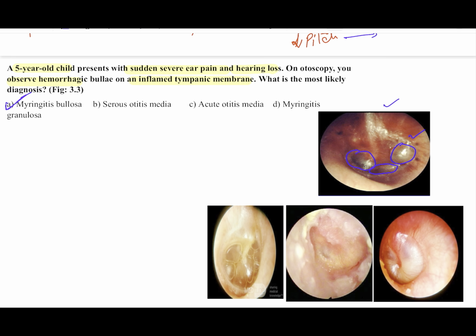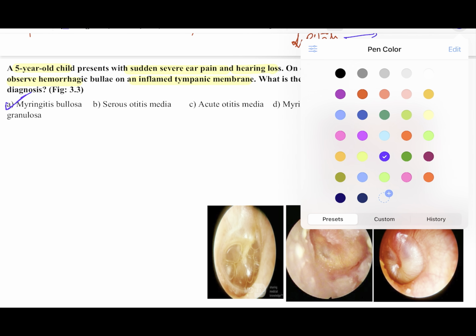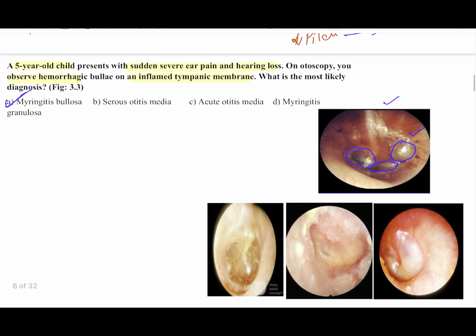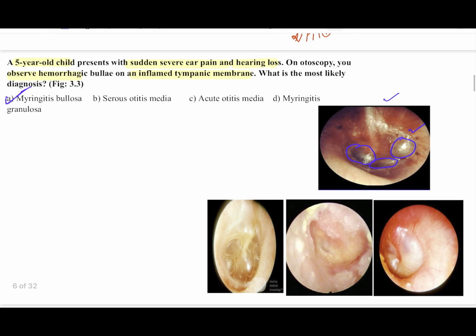Why not serous otitis media, why not acute otitis media, or why not myringitis granulosa? First I will come to myringitis bullosa. Here the hemorrhagic and serous bullae present on the membrane are pathognomonic for myringitis bullosa.